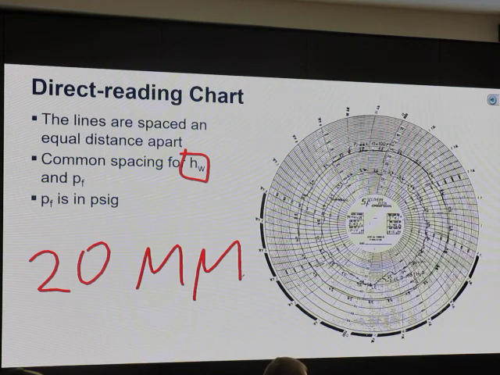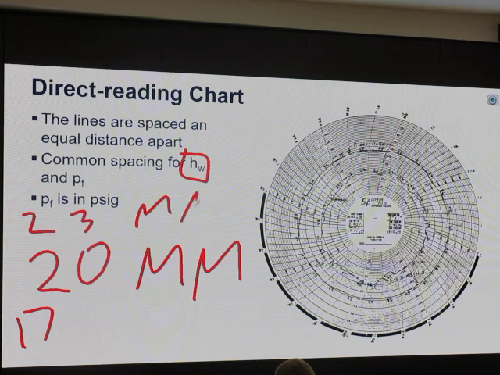So this is the inverse problem, which is actually a real problem. You know the flow rate, roughly maybe 17 to 23 MMSCFD, million standard cubic feet per day. What is the size of the orifice plate I should use? How do I do it?